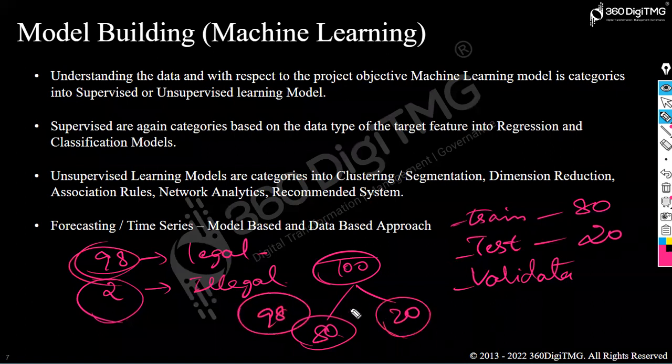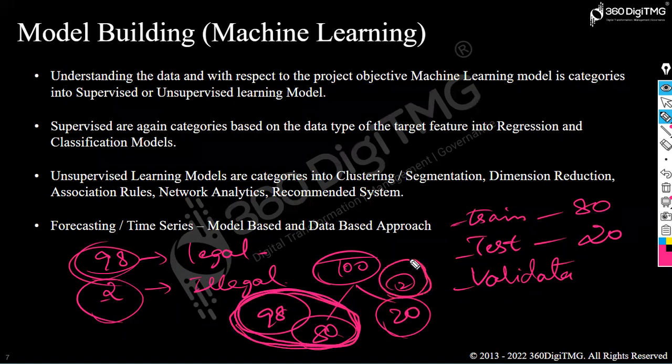If this 2% is included in the 20%, then the model which has been trained only on legal transactions will say that it doesn't know about the other transaction. The model should also say that the transaction is not identified and it is unusual.